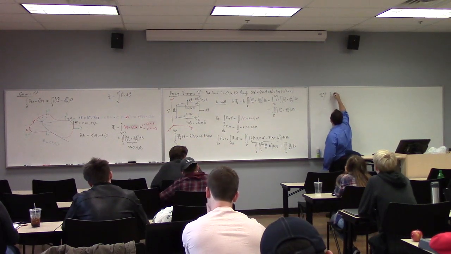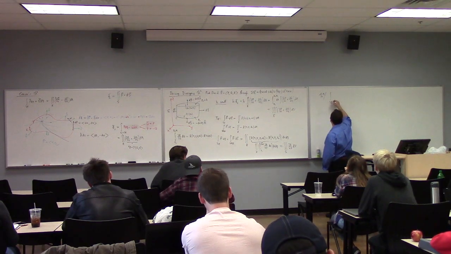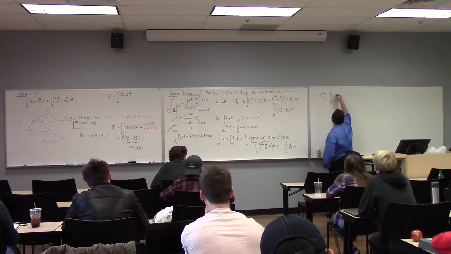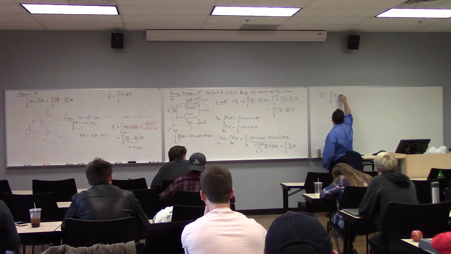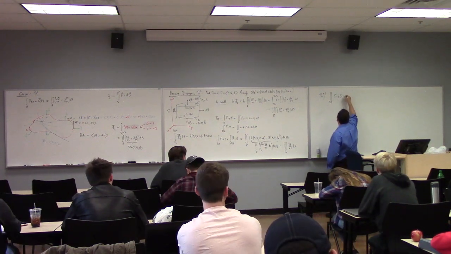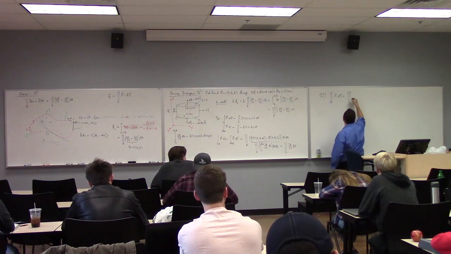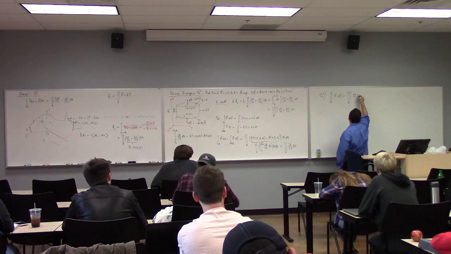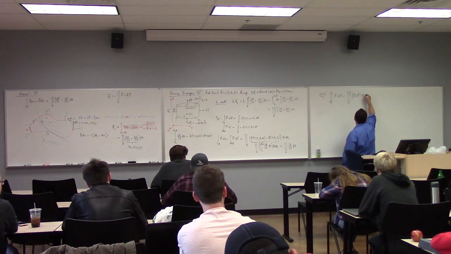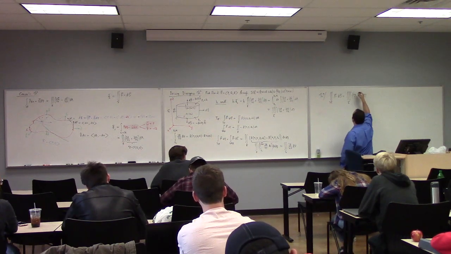The integral over the boundary of a region, boundary of a solid region, of F dot dS is equal to the triple integral over the volume of the divergence of F. This is the divergence theorem.